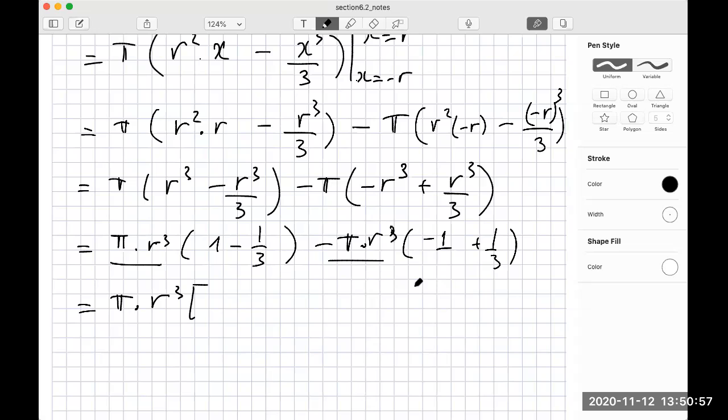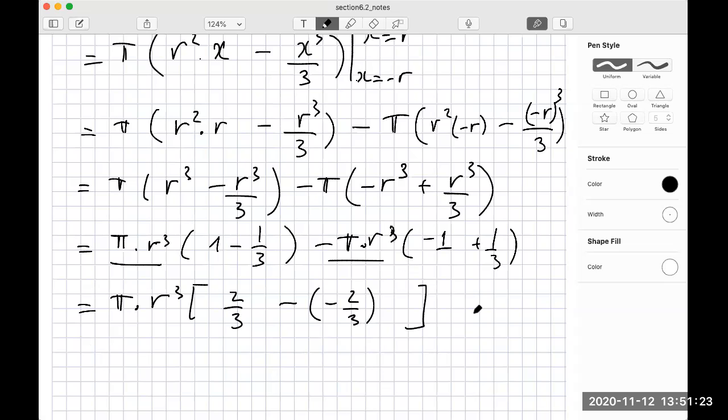So what do we have inside this? Yeah, 1 minus 1/3, it will be 2/3. Very good. And here, negative 2/3. Good job.